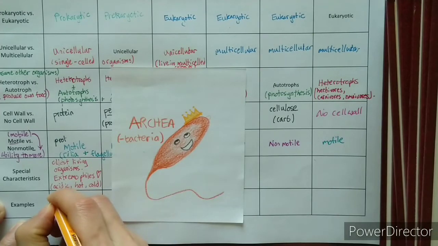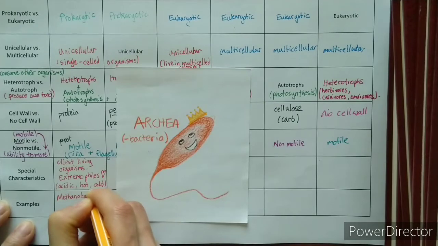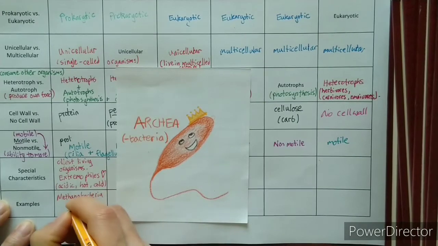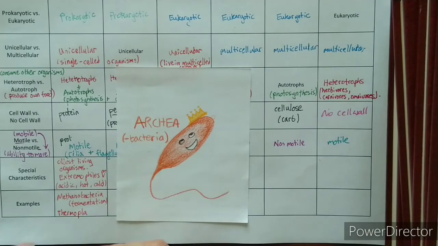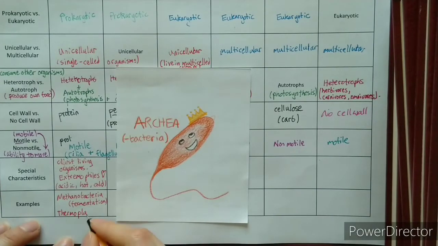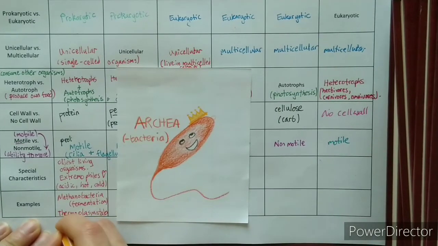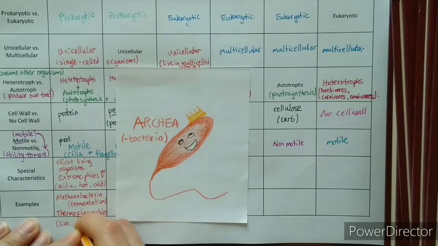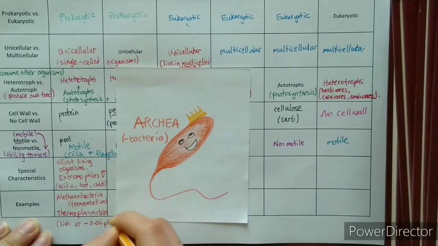The examples I gave you were methanobacteria, the ones who use just fermentation and farted a lot, and thermoplasmatales, the ones who can live at negative 0.06 pH.